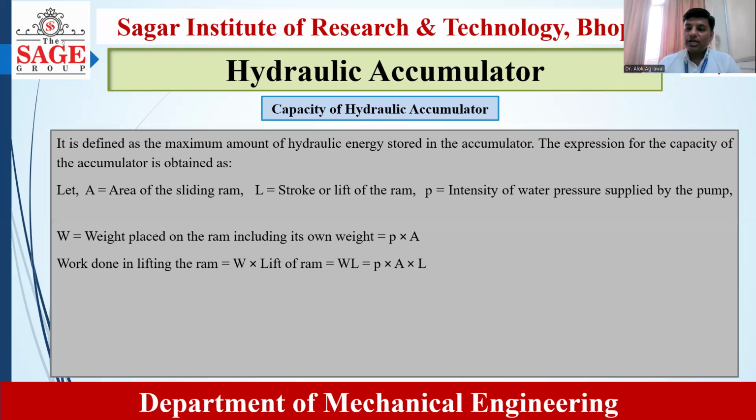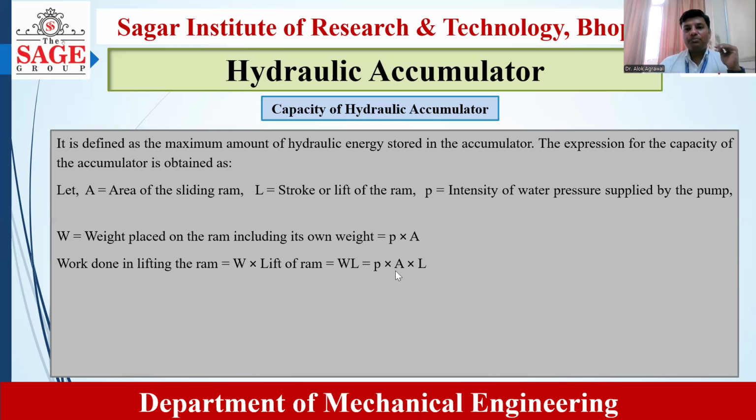Now, the work done in lifting the ram from the bottommost position to the topmost position is equal to force into displacement. Here force means load, that is W, and displacement is the stroke that our ram travels from the lowermost position to the uppermost position.